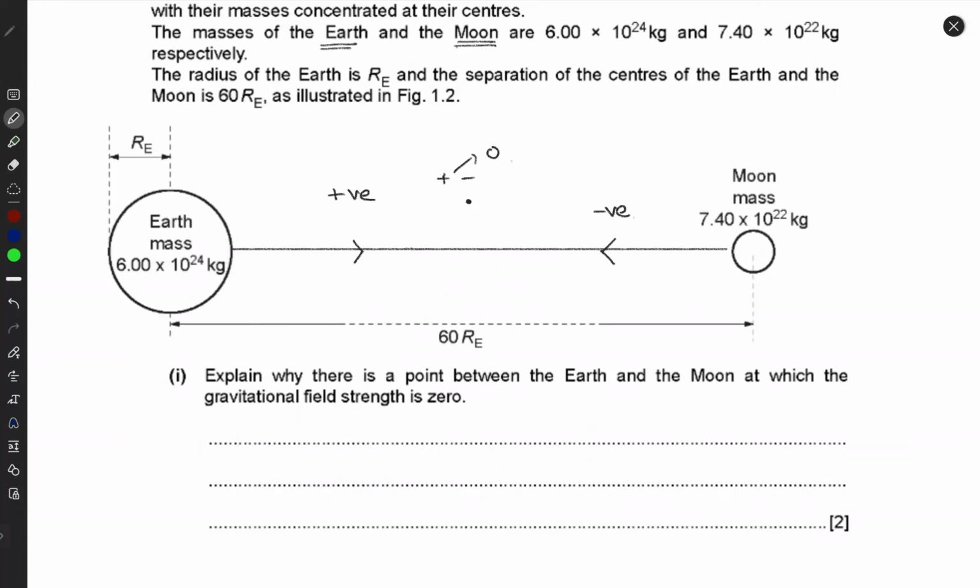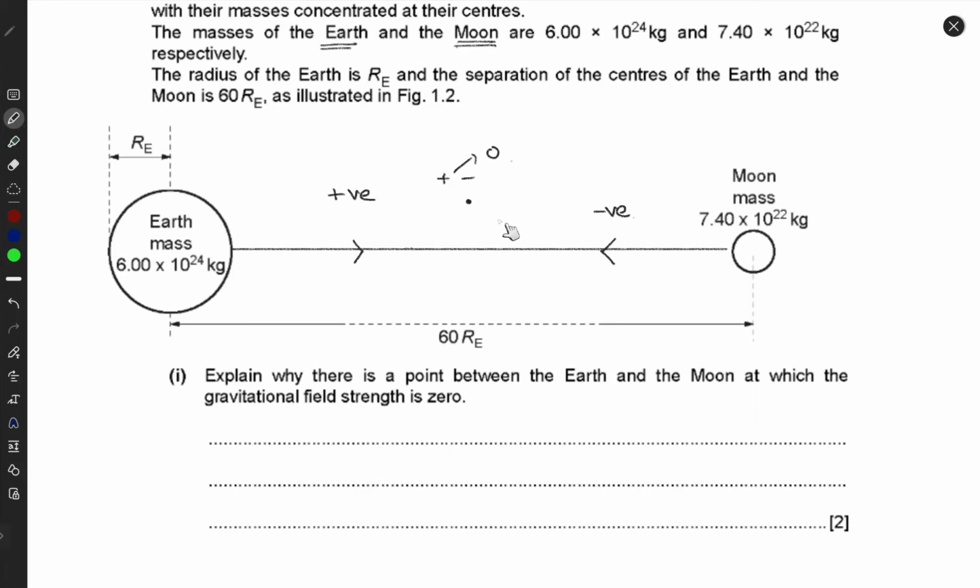And we'll write it in terms of RE, which is the radius of the Earth. So we don't have to put in the value of the radius of the Earth. We'll just give our answer in terms of this value. So we don't have to do heavy mathematics, really. It's just putting in the values, but we don't have to do that.